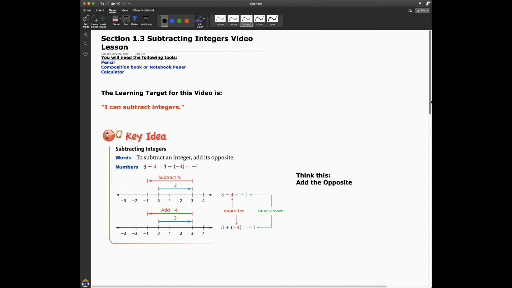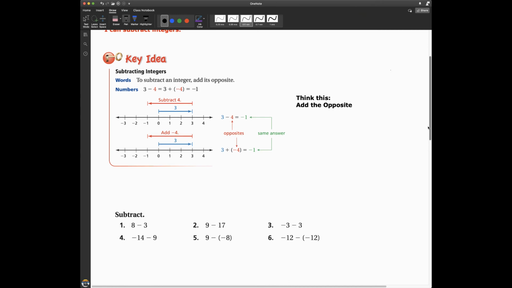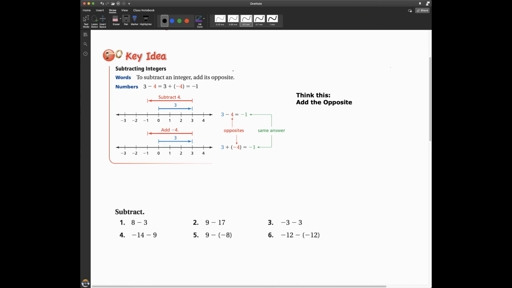So let me scroll down a little bit. So here is the main idea. When you subtract integers, you want to change that subtraction into an addition problem. That's what you want to do. That's why I said if you become really good at adding integers, then all you do is take your subtraction, turn it into addition, and sure enough, you'll be able to solve the problem quickly. So the main idea here is to put this in your brains.